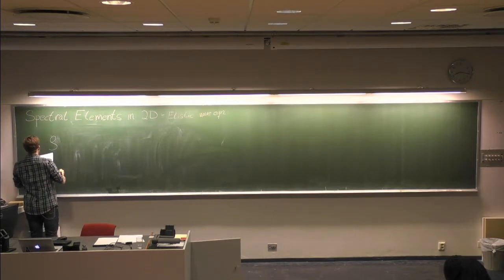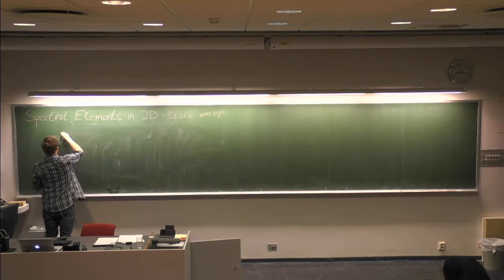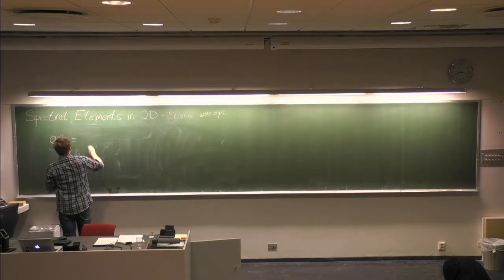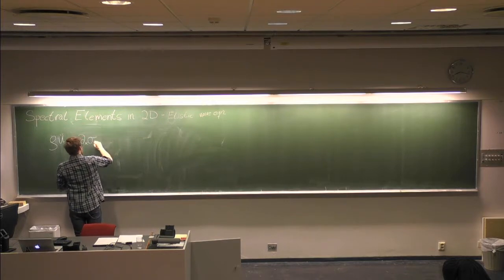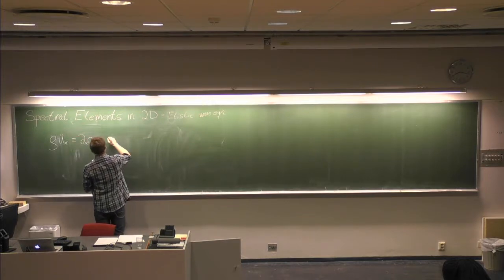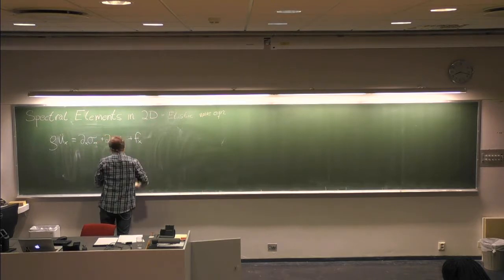So you would have the density dependent on space, displacement dependent on space and time, partial derivative of the sigma xx stresses, y, y, and some force f of x.